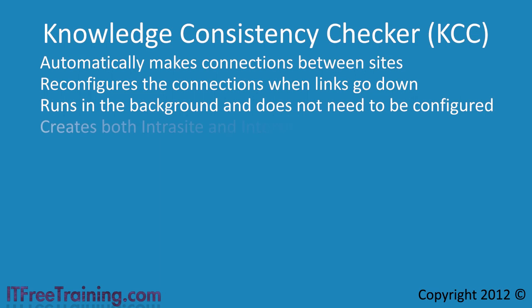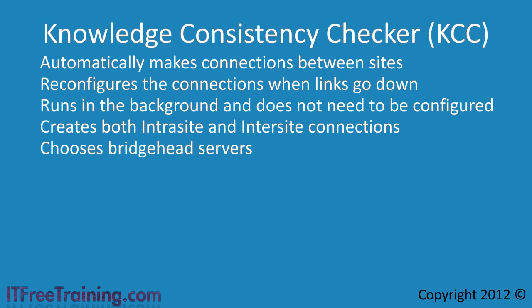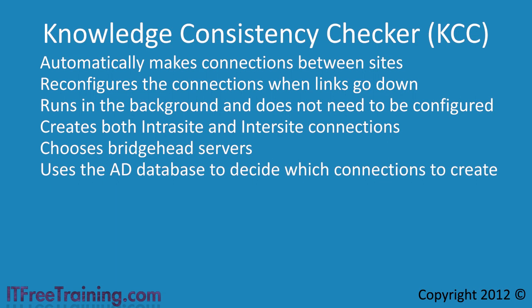The KCC also creates the connections that are used for intrasite replication and determines which domain controllers will be used for bridgehead servers. The KCC does this with information from the Active Directory database. If the same copy of the Active Directory database is in multiple locations, the KCC will always come up with the same result.